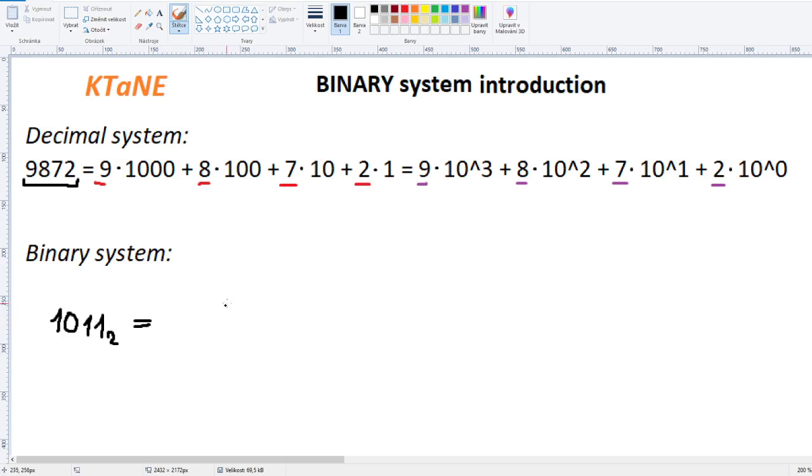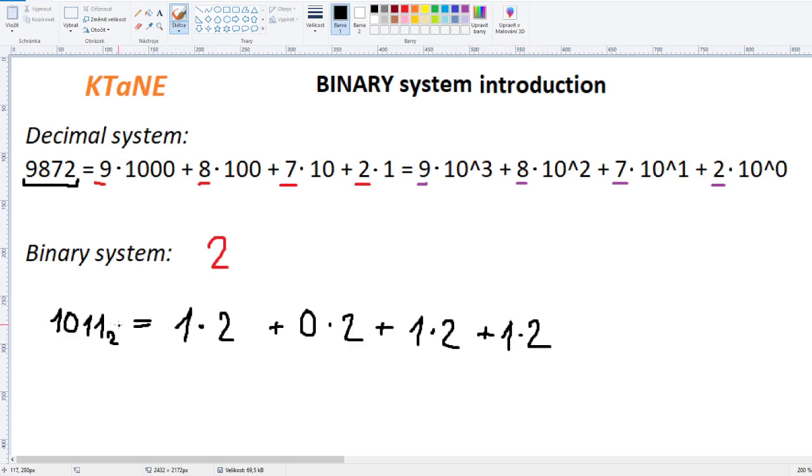Well, the trick is very simple. We just have to factor that number out like we did in the decimal system above. However, now since we are in the binary system, the base is 2, not 10, because we have 2 digits, 0 and 1. So we would get something like 1 times 2 to some power, plus 0 times 2 to some power, plus 1 times 2 to some power, plus 1 times 2.